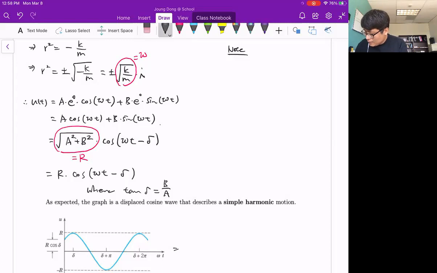Cosine of x minus y is equal to cosine x cosine y plus sine x sine y.